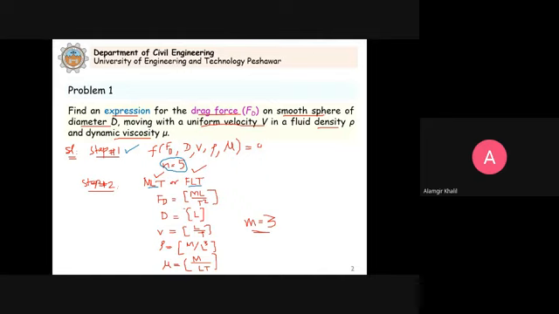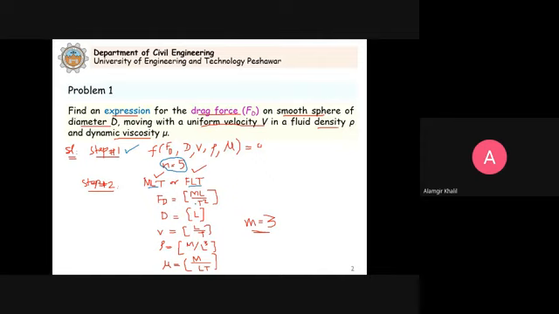So in step number two, what we do is that we define the dimensions of these parameters. If you make any mistake here, definitely the results will be inaccurate. So that's why at every step we need to be very careful.